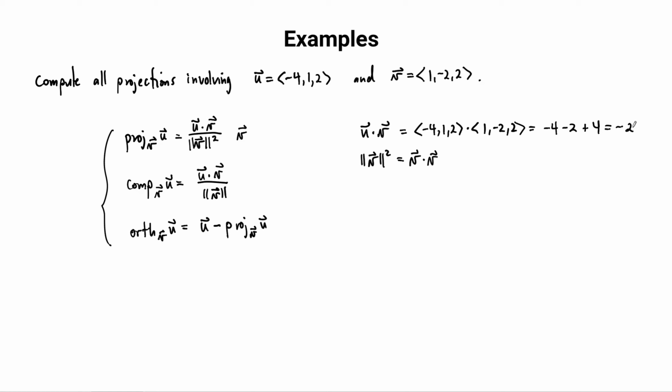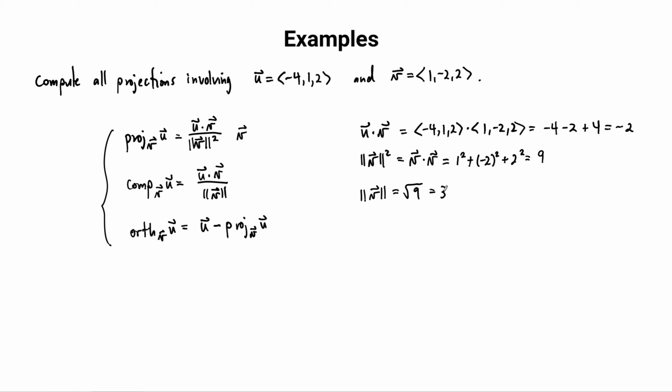So there's our dot product. We need to also compute v dot v. This is just the sum of the entries squared and not square rooted, so that's the length squared. So this is 1 squared plus (-2) squared plus 2 squared. This is 1 plus 4 plus 4, so this is 9. And then of course, if that's 9, the length of v is the square root of 9, which is 3.